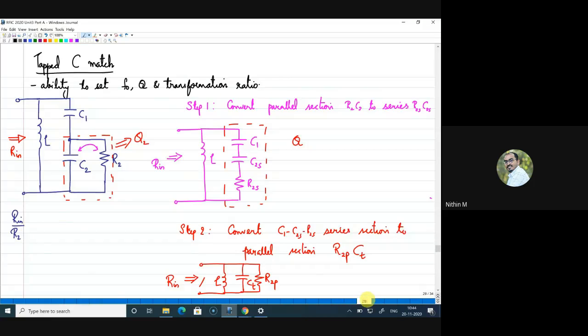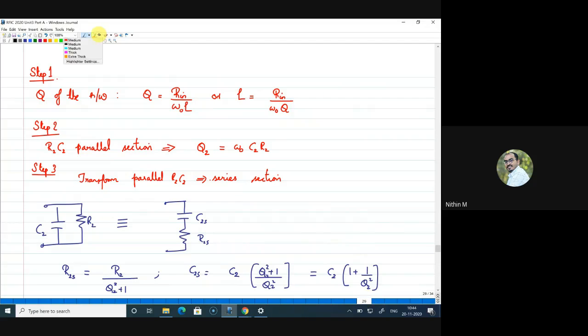Probably one equation you will use is this, the inductance value, which can be directly obtained initially itself.